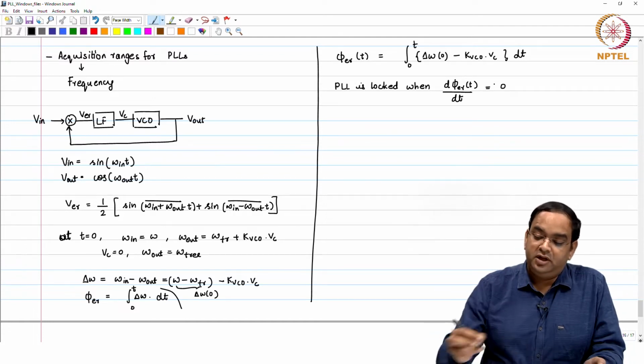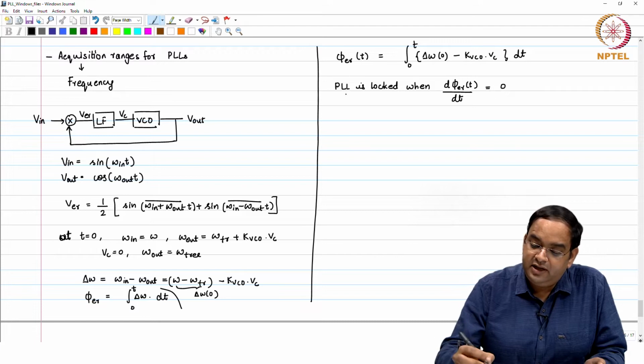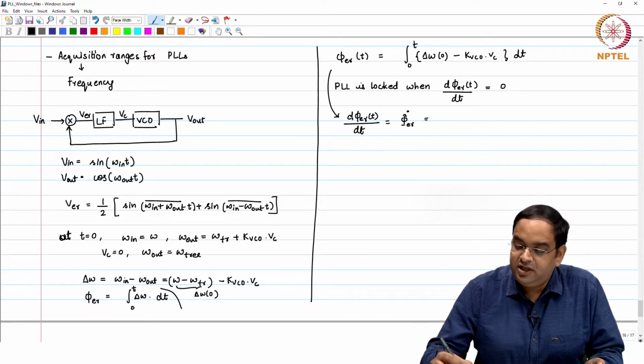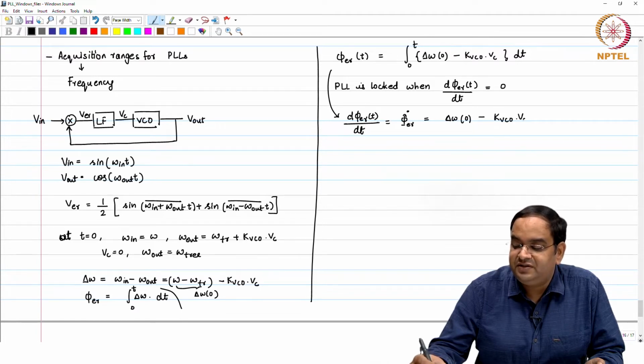If you look at it, d phi error by dt from the previous equation, which I will denote as phi error dot, is equal to delta omega 0 minus k VCO times Vc.